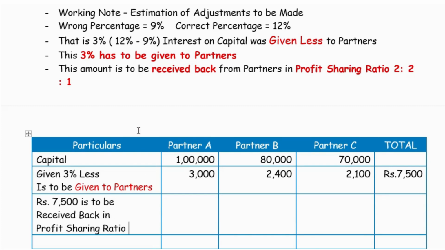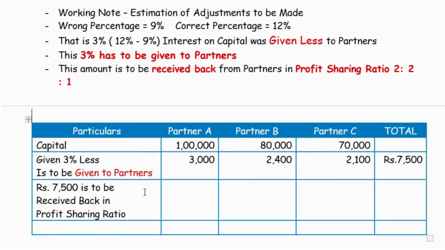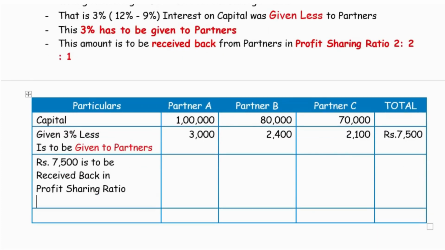The profit sharing ratio is given in the question as 2:1. That 7,500 is to be received back from the partners in the profit sharing ratio. So when 7,500 is divided in the ratio of 2:1, it is 3,000, 3,000 and 1,500.